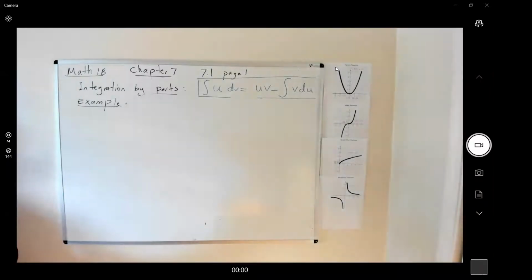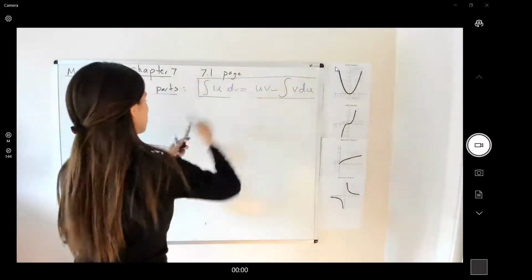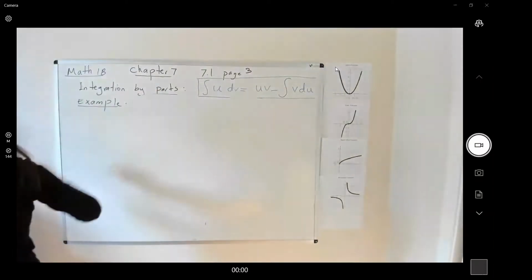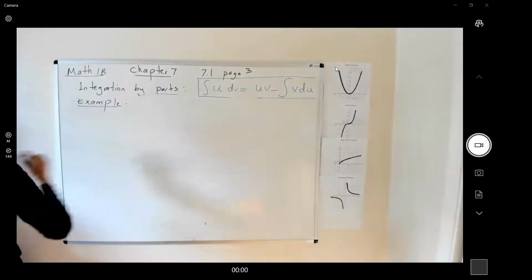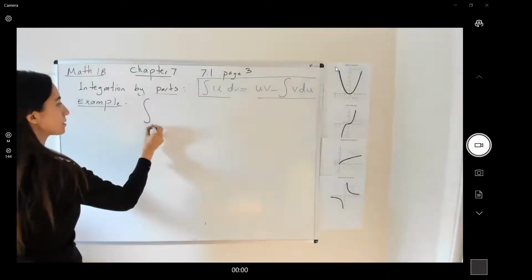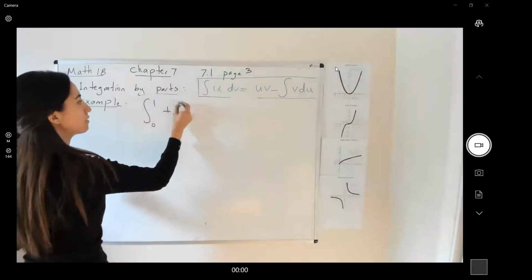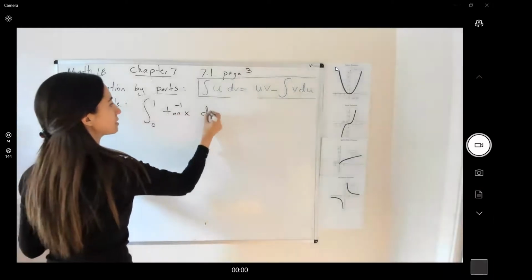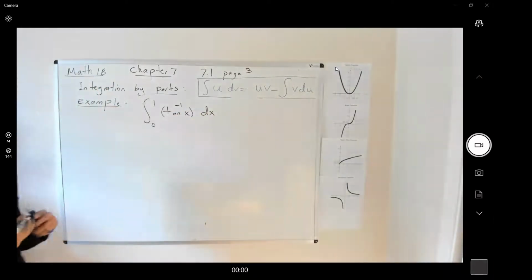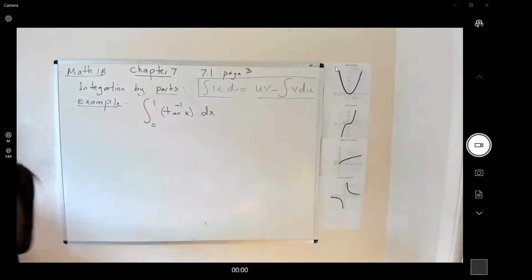So we are on the last page, page 3. Exactly. So the question says, find the integral from 0 to 1 of inverse tangent x dx. There you go.